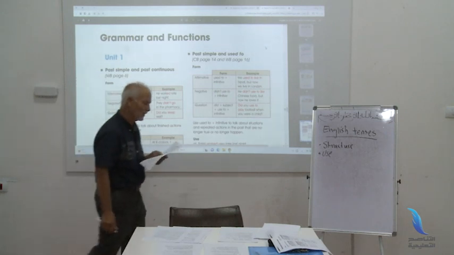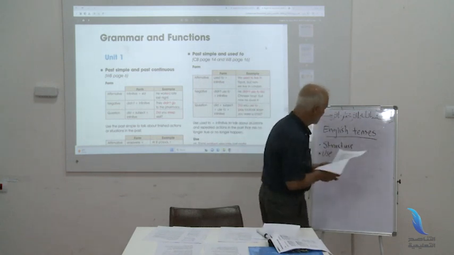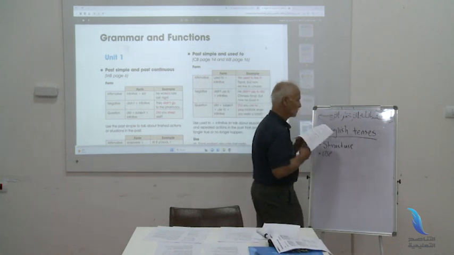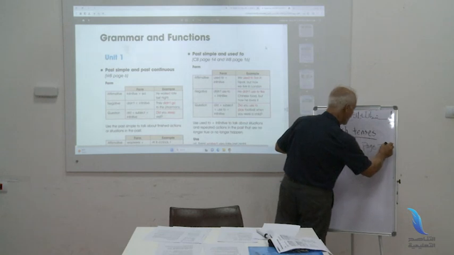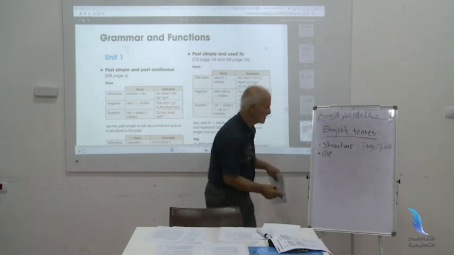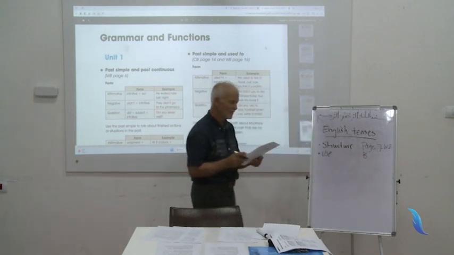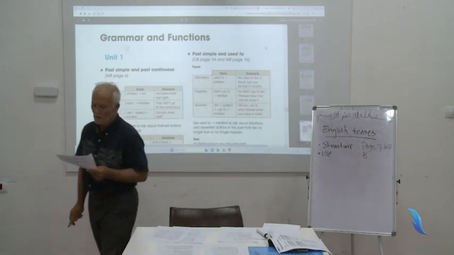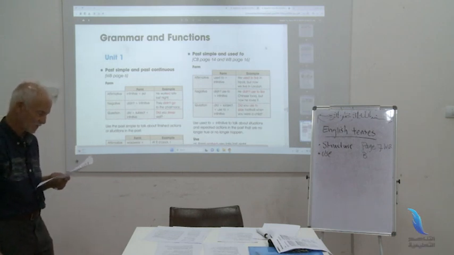You can go to page 7 of your workbook, where you can find an exercise, section B, to show the use of past simple and past continuous.